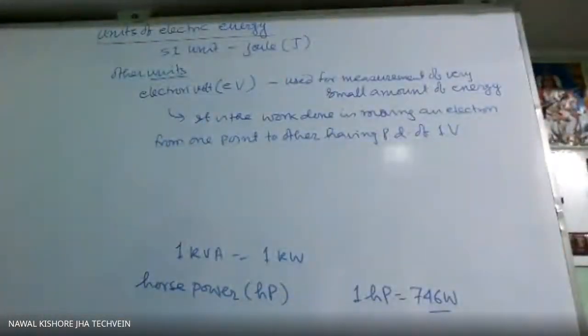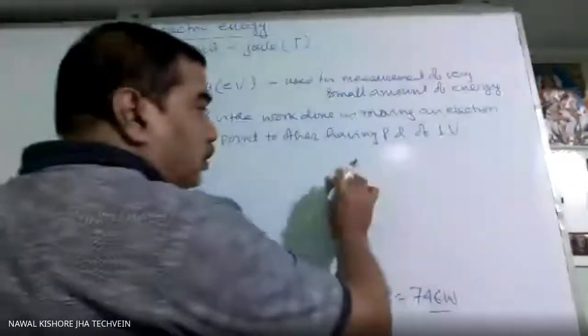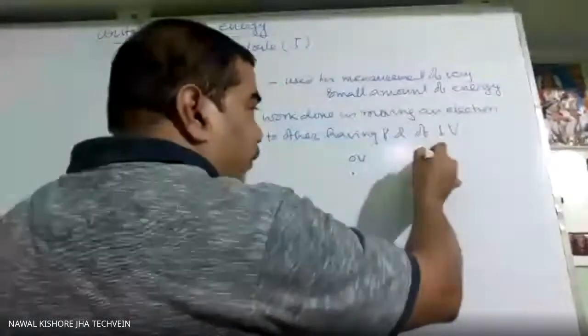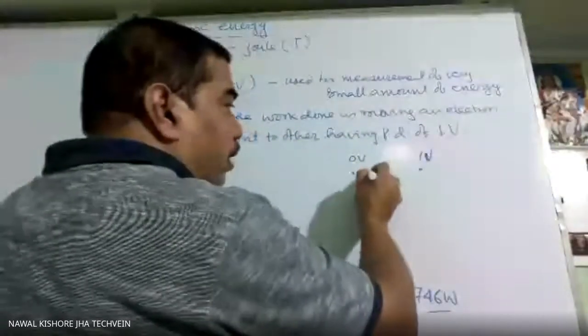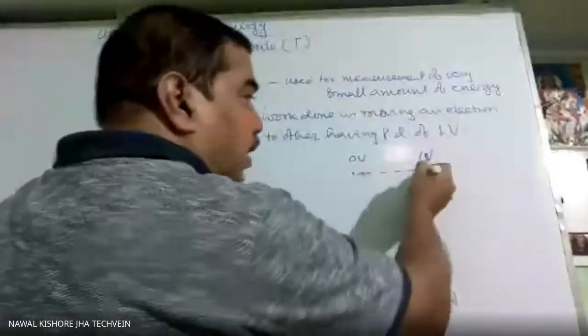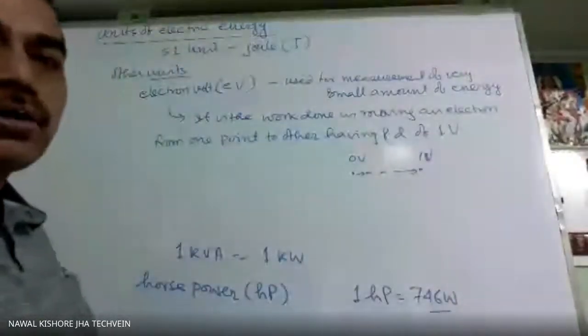So how much work we are doing in moving an electron, maybe by source or by external agent, whoever is doing work. So how much work we have to do to move this electron between 2 points, suppose this is 0 volt, this is 1 volt. Then the electron moves from this place to this place. From here it has started and reaches this place. How much work or how much energy is required?